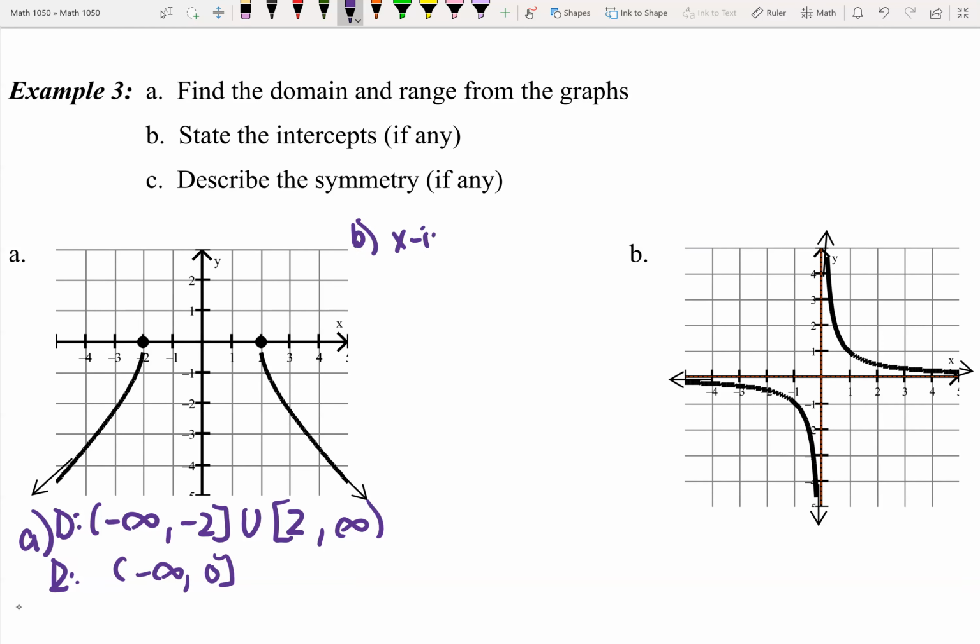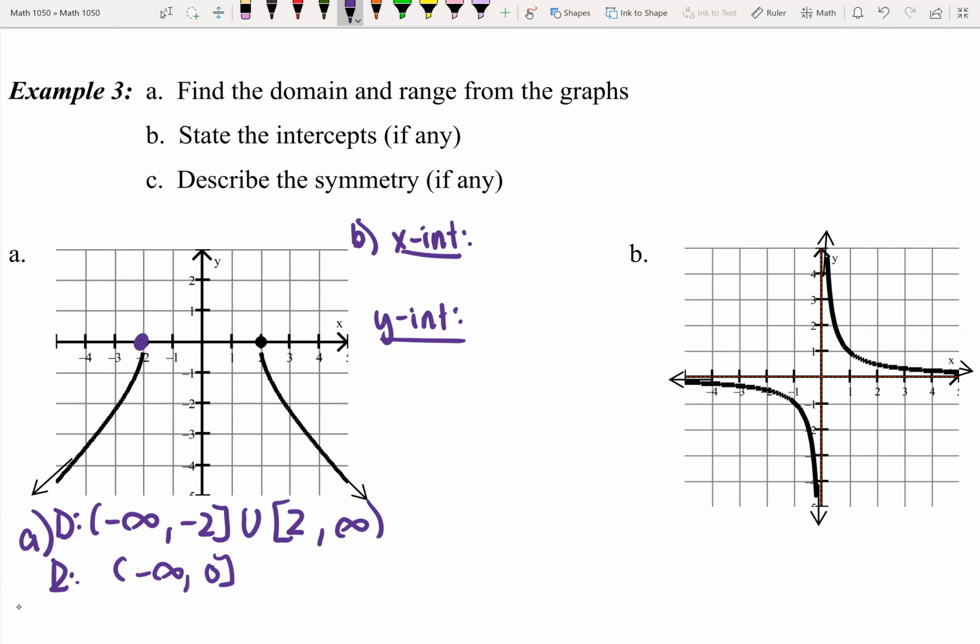State the intercepts. I need you to know that if you ever have a question that says state the intercepts, you have to differentiate between x-intercepts and y-intercepts. So I want you to go, here are the x's and here are the y's. Even if it's none, you still have to list them and then say the word none. Look at the graph. This is an x-intercept. Do you write it as x equals negative 2?